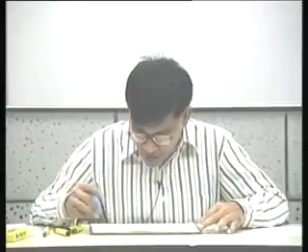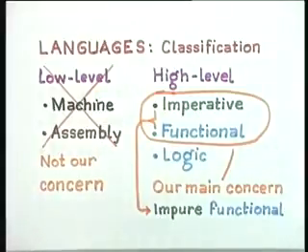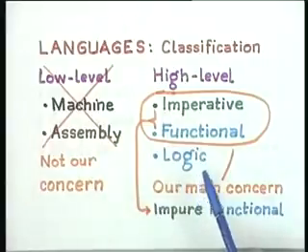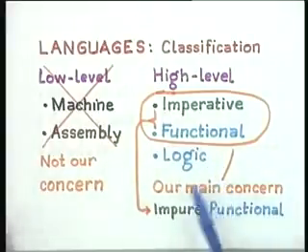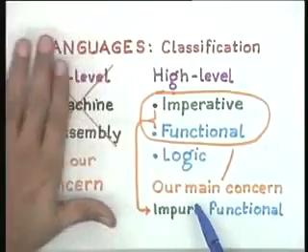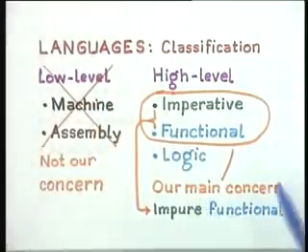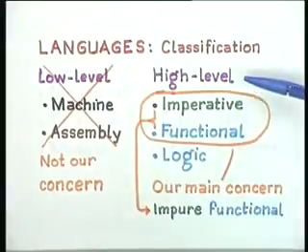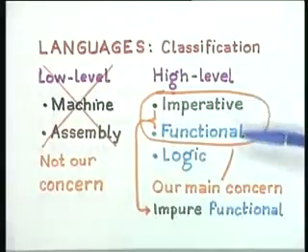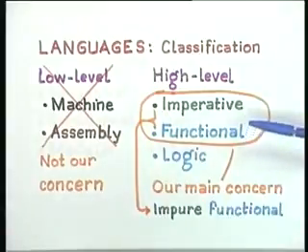So let's just look at languages. Let's classify what kinds of languages there are. Firstly, we have these low level languages, which are machine and assembly language, which are not of interest. You will learn about them in some course on architecture or organization, but what we are interested in primarily are these high level languages, of which we can think of three broad classifications.